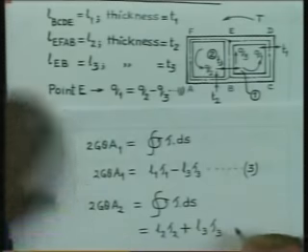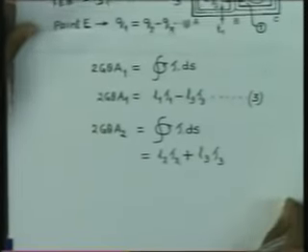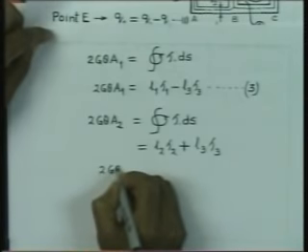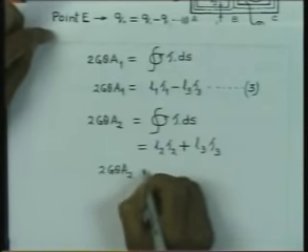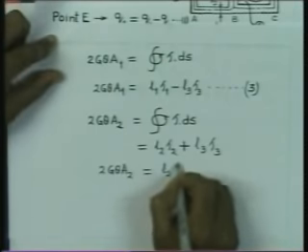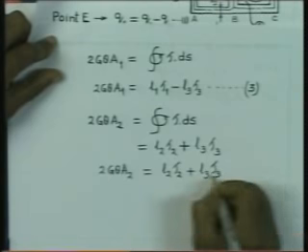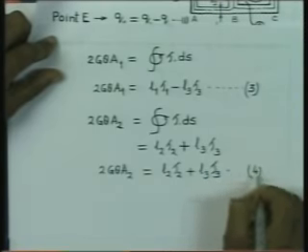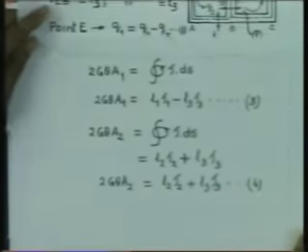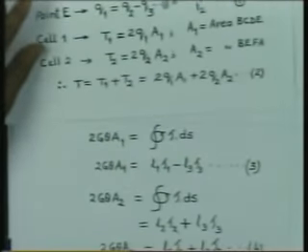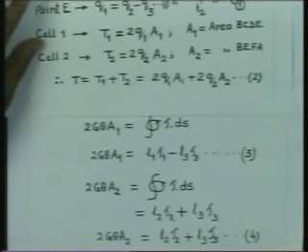So, the relationship that we have got is 2G theta A2 is equal to L2 tau 2 plus L3 tau 3. This is number 4.